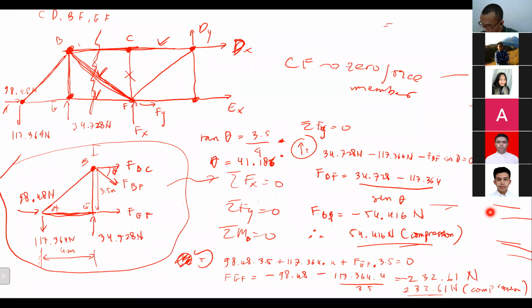This one is FBF. We have FBF there. Then using sigma Fx equal to 0, because FBF is known and FGF is known as well, you will be able to find FBC. I will not calculate it here.